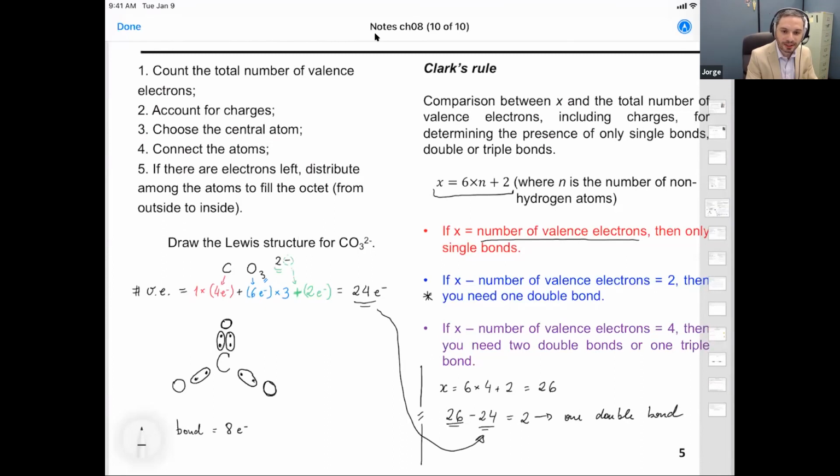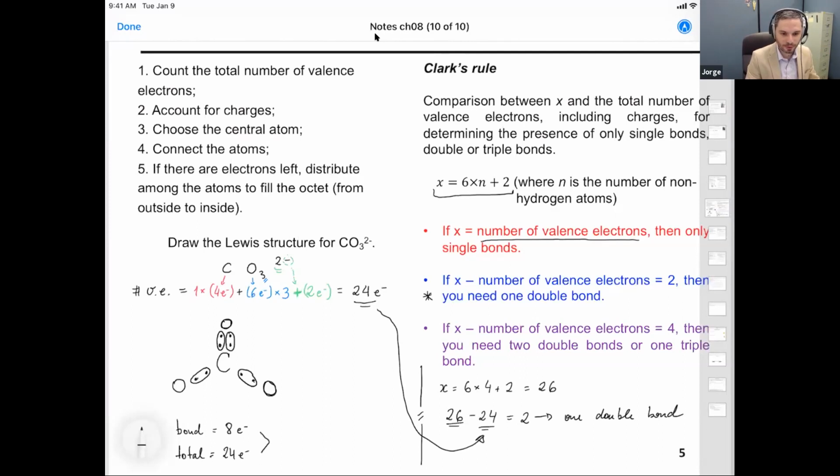See here that I started with 24. So that was my total, 24. And then to connect the atoms, 8 electrons were spent. That means there are leftover electrons.